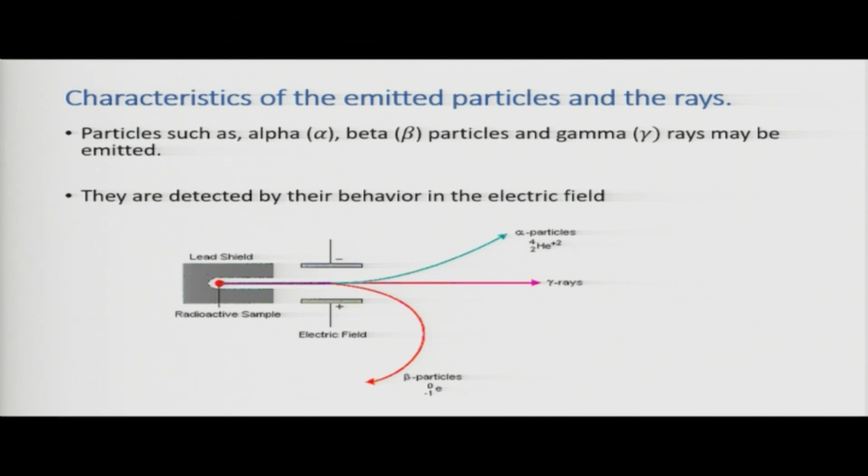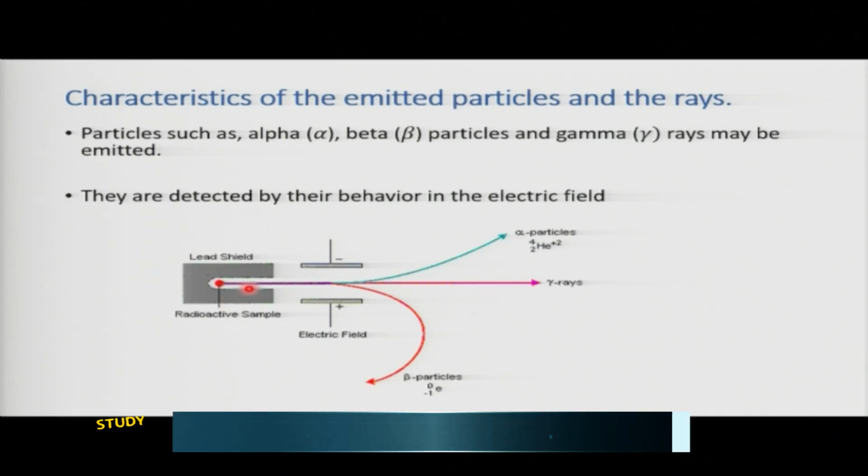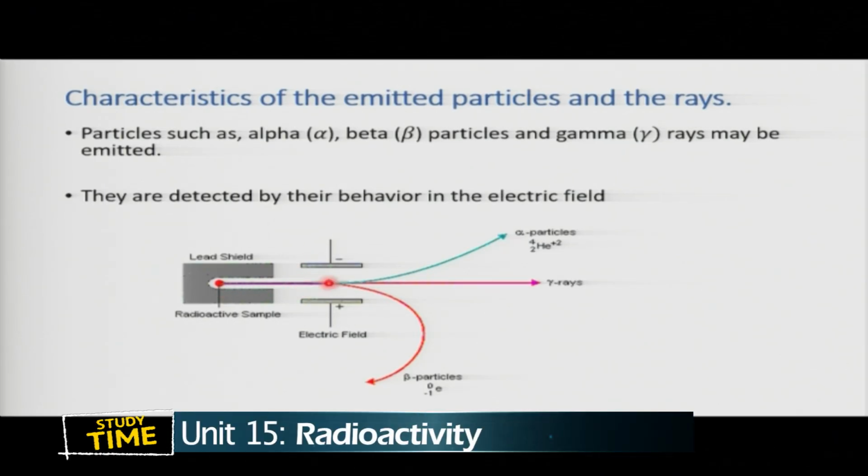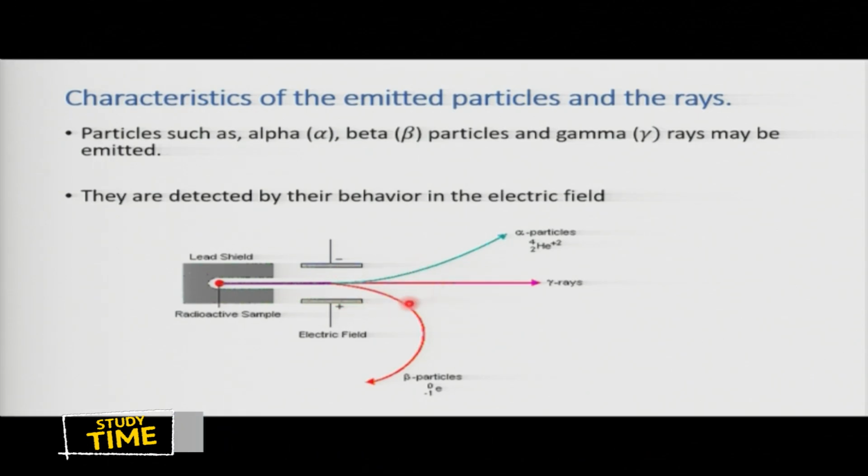So you see, if you have a radioactive sample of an atom, and it disintegrates, and you let the particles pass through an electric field, the components of the disintegration behave differently. If it is alpha, it is always attracted to the negative side of the electric field because it has positive charges.